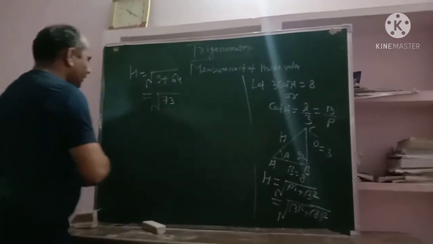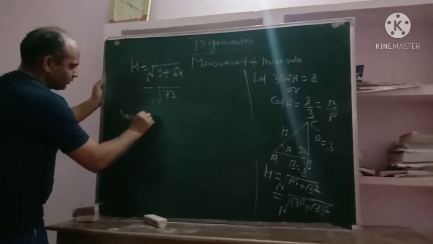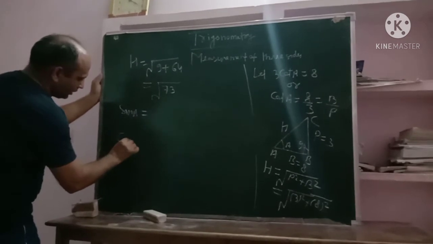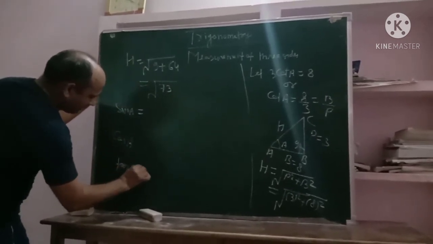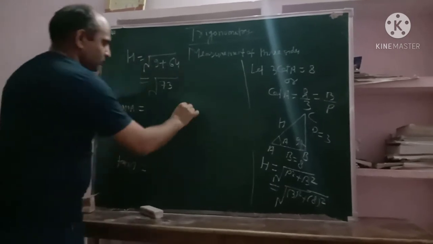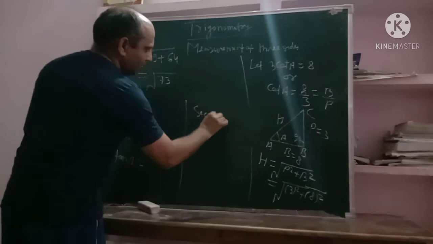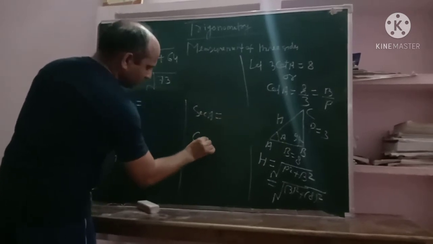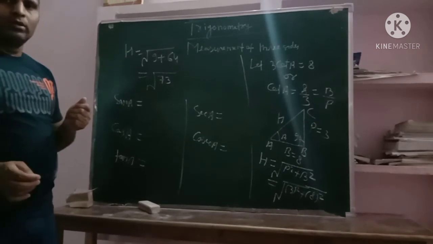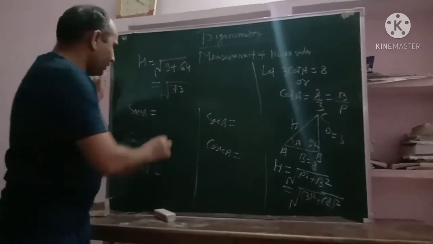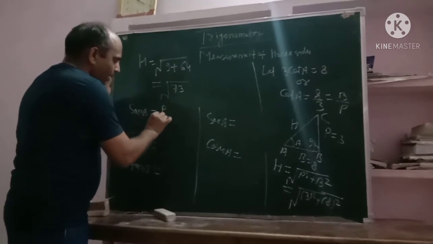Now how can we find sine A, cos A, tan A, sec A, cosec A. So sine A is your perpendicular upon hypotenuse.